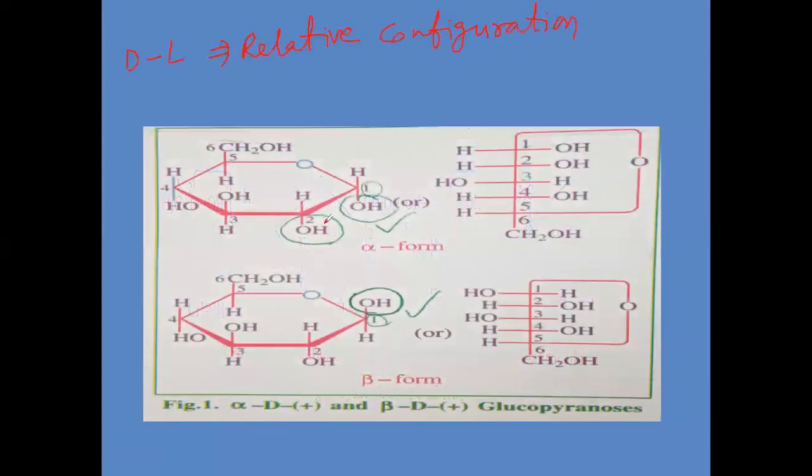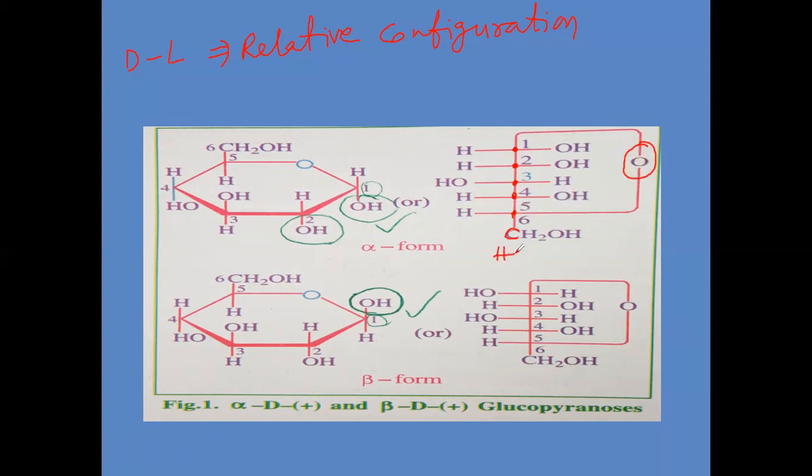Next one, check it here. Now the same structure is given here: first atom, second carbon, third carbon, fourth carbon, fifth carbon, and sixth carbon of glucose. Between the first and fifth atoms there is oxygen, in hemiacetal.